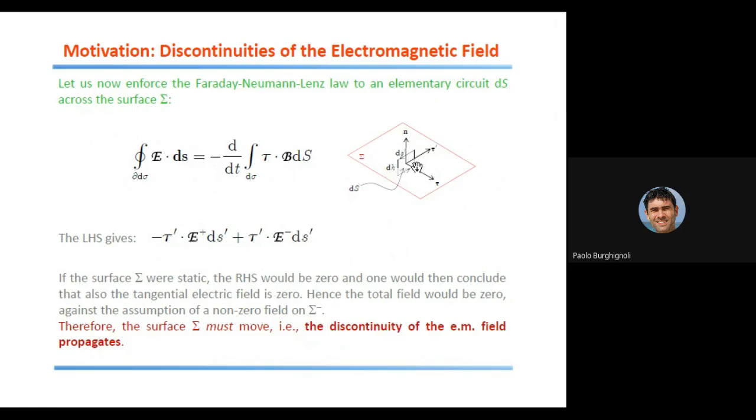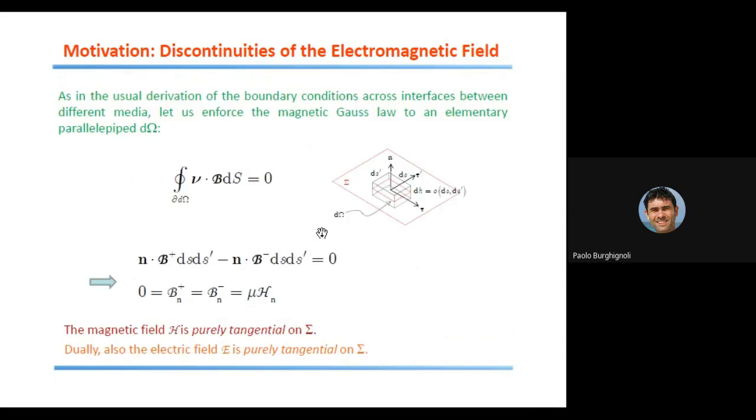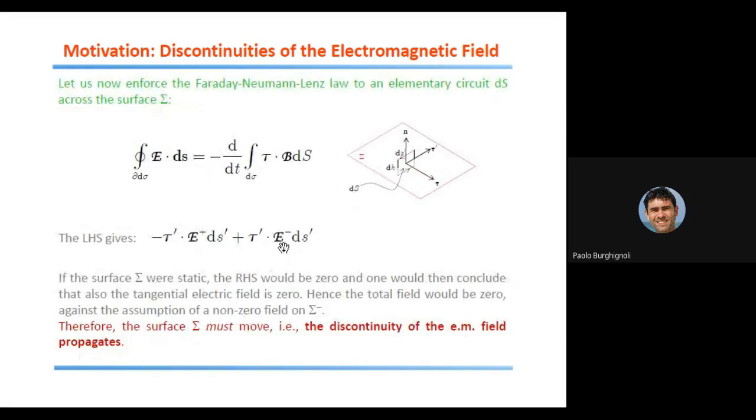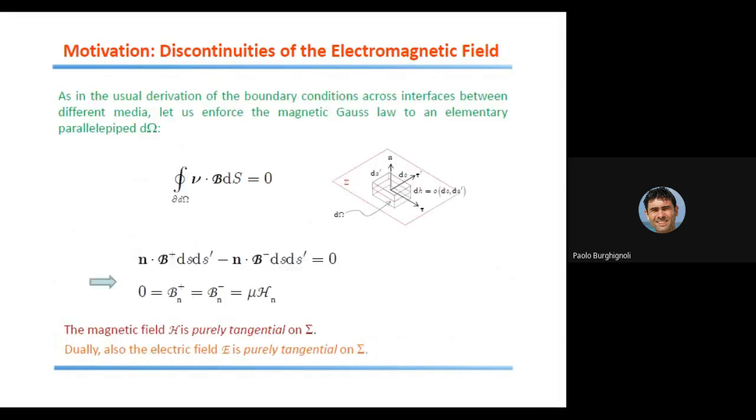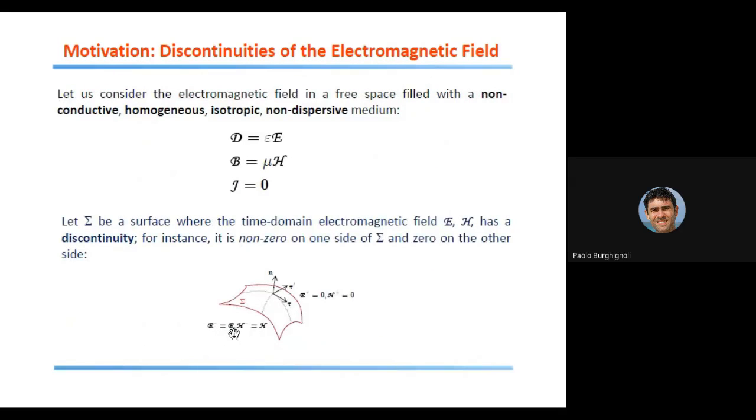Now, of course, tau prime is an arbitrary vector in the tangent plane, so you would therefore conclude that the electric field has no tangential component at all. But since we know that the electric field is purely tangential from the previous slide, then we would come to the conclusion that the electric field E minus must be exactly 0, which contradicts our initial assumption that E minus here is instead different from 0.